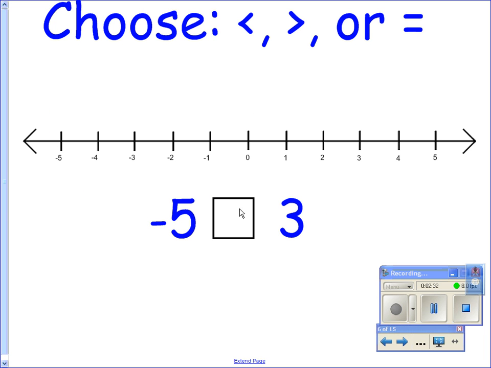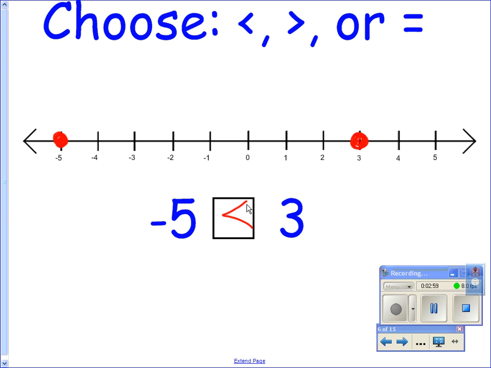So we're going to see if -5 is less than, greater than, or equal to +3. The easy way to do this is to plot this on the number line. So -5 is here, and +3 is here. Since -5 is more to the left of the number line, we know that -5 is less than +3.